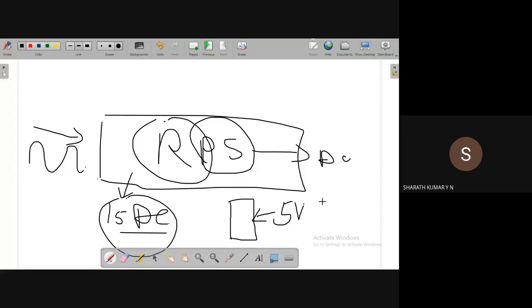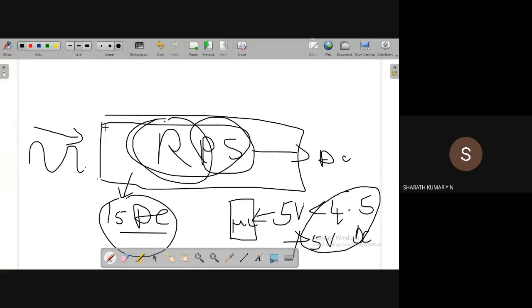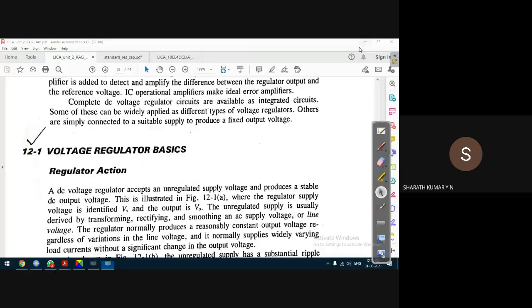If the voltage is less than 4.5 volts, the microcontroller or microprocessor is going to restart, and it should not be more than 5 volts either. The voltage should be within 4.5 to 5 volts DC, a stable source. Then we go for a regulated power supply, which is called a DC regulator supply. We'll continue with this DC regulator in the next class.